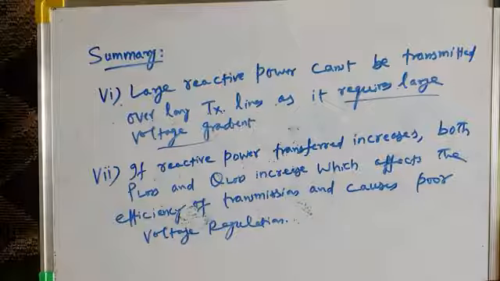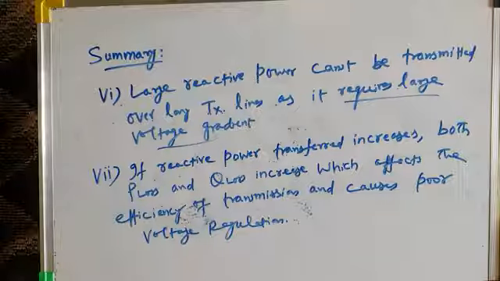And the second observation was that if delta is greater than 0 degree, that means sending end voltage leads the receiving end voltage, there is the flow of power from sending end to receiving end. And for delta less than 0 degree, that means receiving end voltage leads sending end voltage, power flows from receiving end to sending end. We also found that reactive power transfer is controlled by the voltage control.